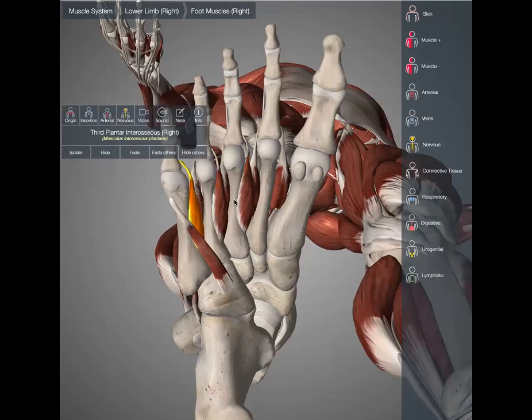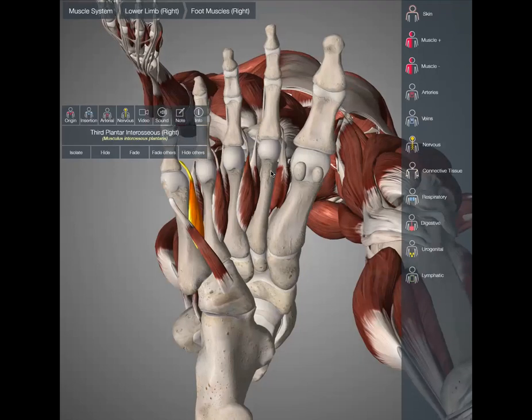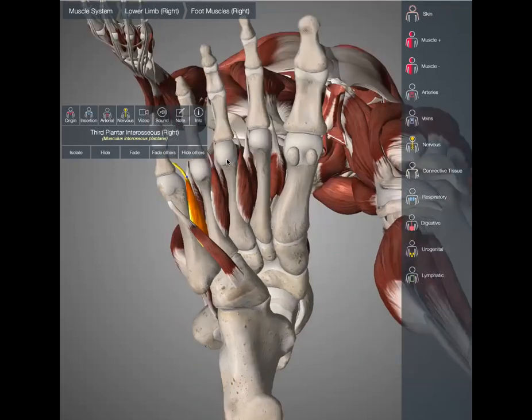They originate from the medial side of the metatarsals 3 to 5, and attach to the medial side of the phalanges of digits 3 to 5. Mainly adduction of the 3 lateral digits and flexion of the metatarsophalangeal joints, okay, which are these joints here. And the innervation is the lateral plantar nerve.